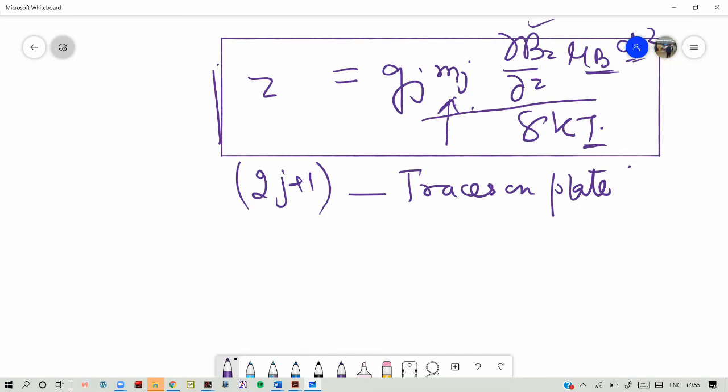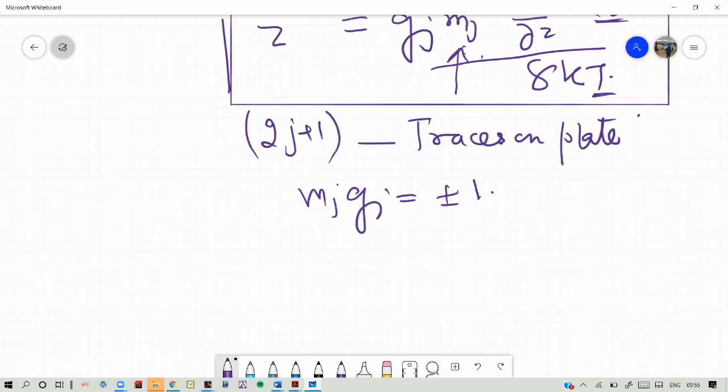So we can write then that Gj Mj is plus minus 1, one in the above direction, by measuring the separation between the traces. Because they did not know that it was a spin component, they put it as plus 1 and minus 1 simply.